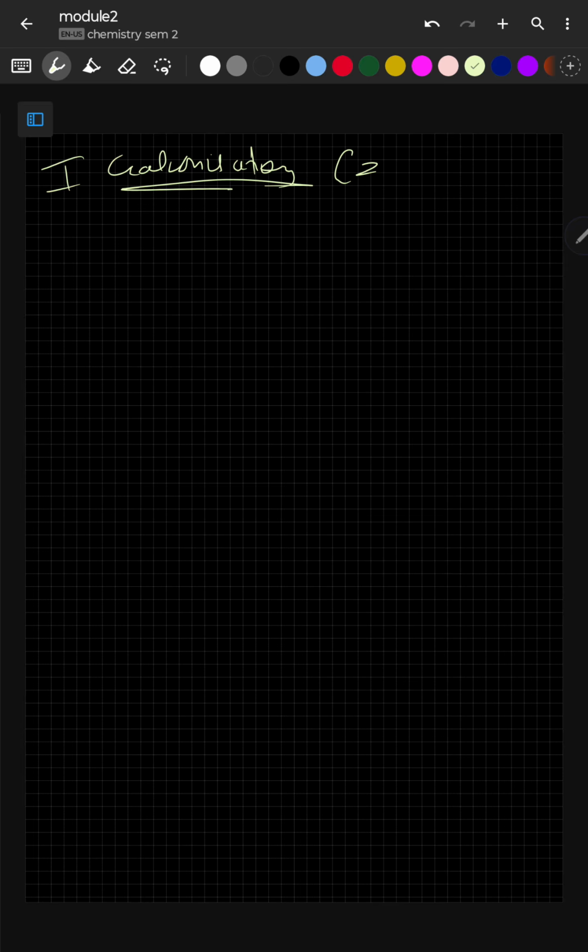First, let's understand galvanization. Galvanization is the coating of zinc on iron, and this is an anodic coating. So this means this is the anode and this is the cathode.